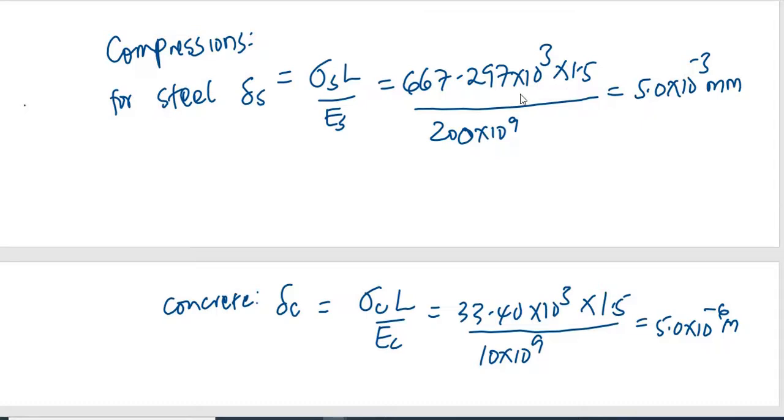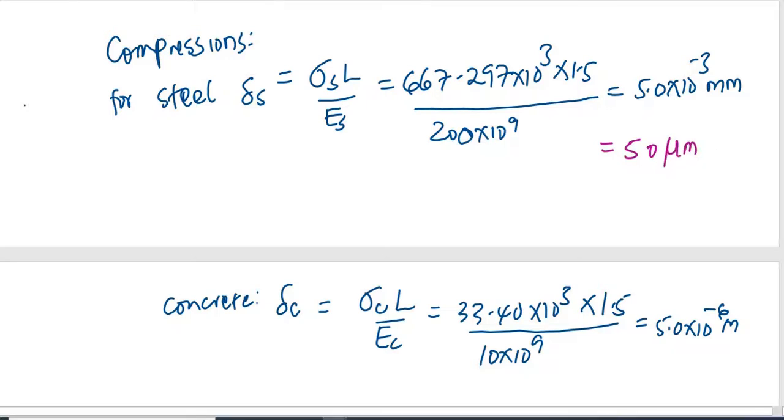The length of steel itself is 1.5, divided by the Young's modulus 200 times 10 to power 9, which would give us 5.0 times 10 to power negative 3 millimeters, and this is the same as 5.0 micrometer.